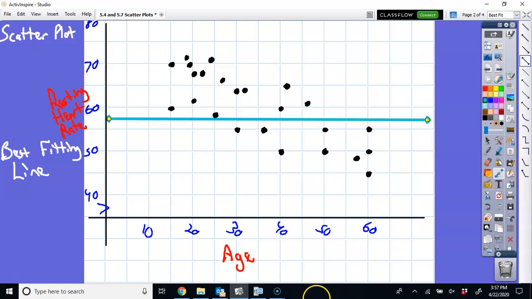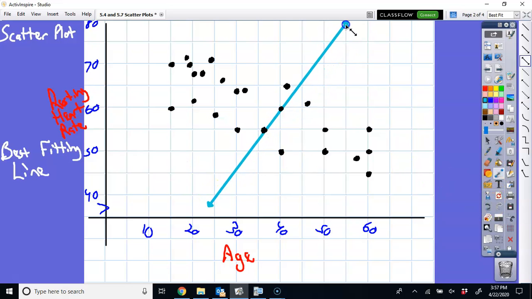Even though technically that is in the middle of the points, that's not a best fitting line. Same thing with this one. That goes right through the middle of the points, and it even hits a couple points. But that is not the best fitting line.